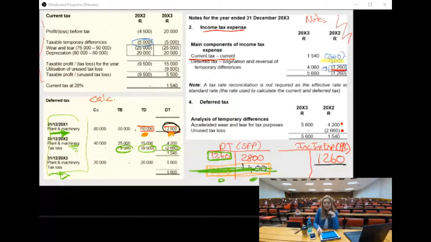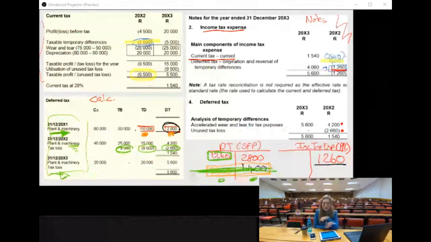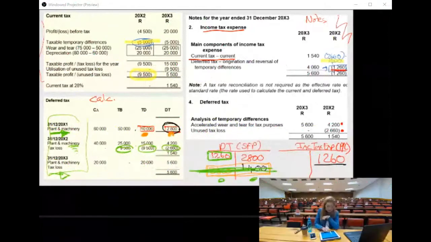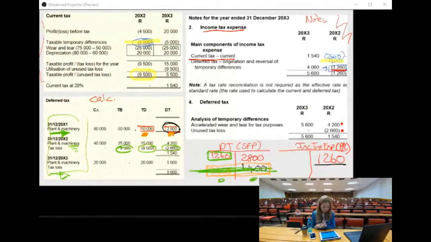So this 1,400 is now to cancel out the benefit that I'm getting from my temporary difference in X2. Okay, so the 2,660 is now this amount that I'm going to use in future. So we've cancelled out the 5,000 benefit because that's just a temporary difference, and the 9,500 we're saying, well, that's going to give us a benefit in future. Okay, so if I'm still not answering your question, then you can pop me an email.